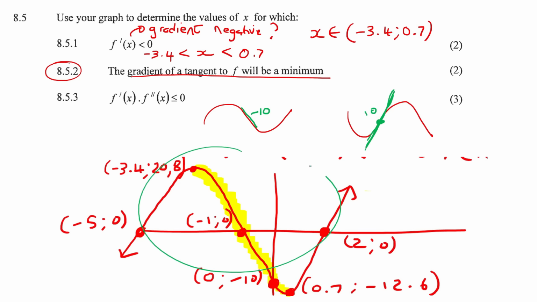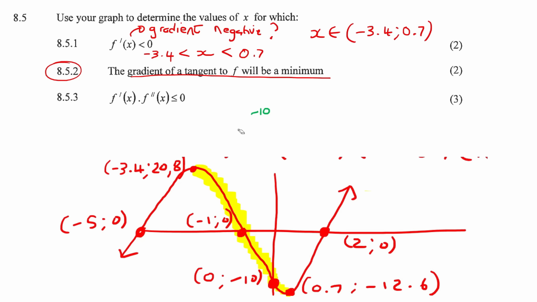So a graph like this can have a minimum tangent, but it won't have a maximum tangent because this graph is going down by the inflection point. So the point I'm trying to make is that the tangent minimum or tangent maximum is always at the inflection point. If it's a graph like this, it has a minimum. If it's a graph like this, it has a maximum gradient for the tangent.